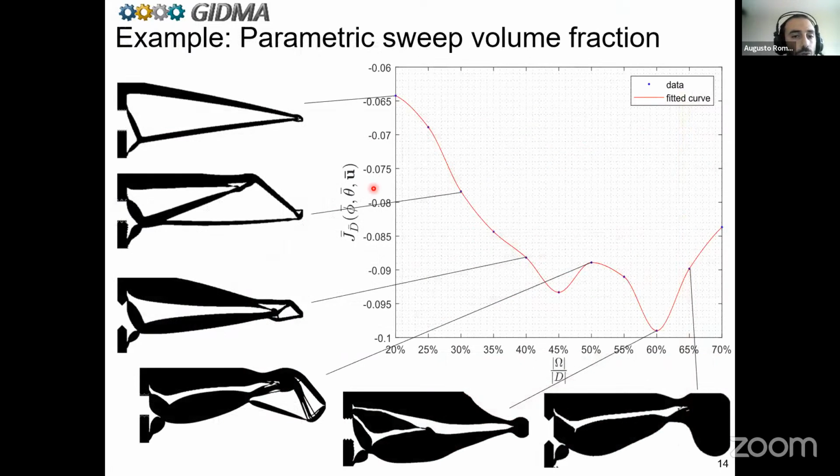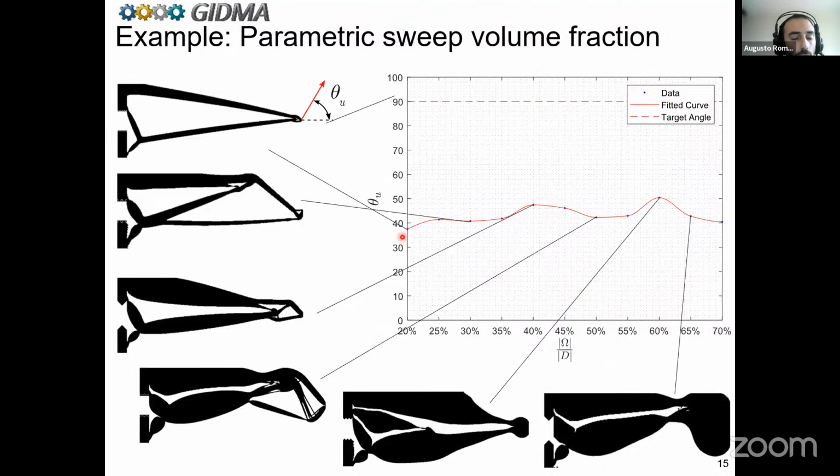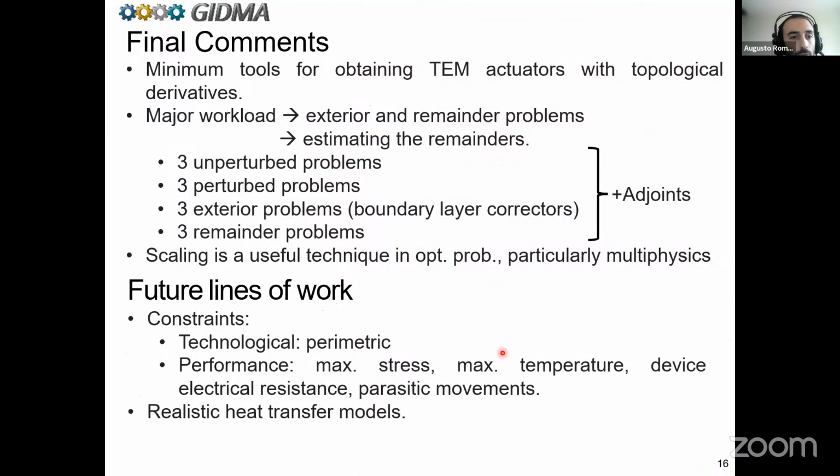And then we also perform some other studies, like a parameter sweep on the volume fraction, and obtain these results. We evaluate the cost functional versus the volume fraction and also the parasitic movements. But I think that I will skip these examples in order to save some time.